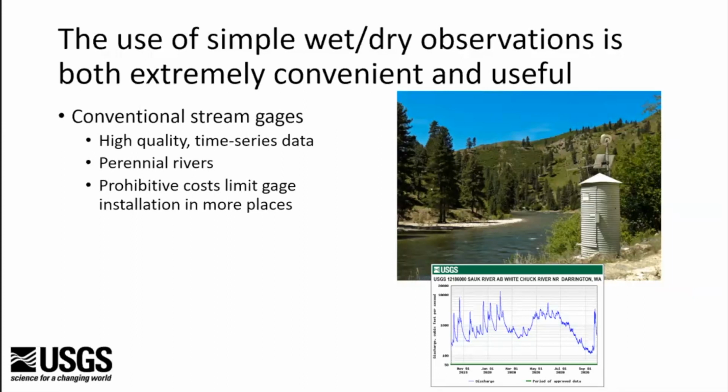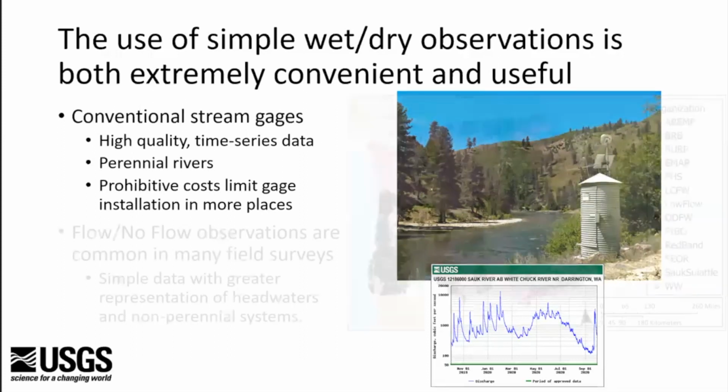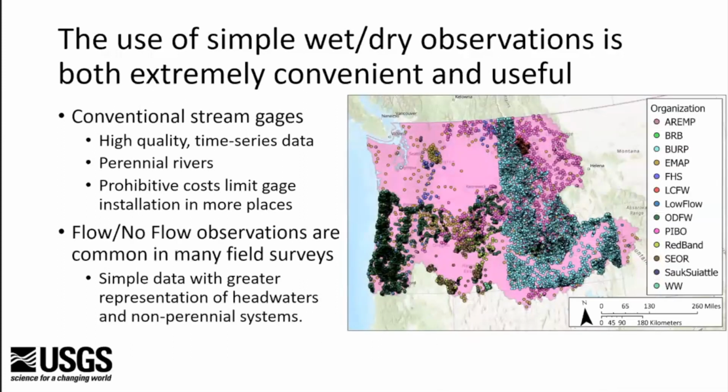So this data is beautiful, but it's limited in its location. And then here you have these flow, no flow observations, which is kind of a buckshot geographic approach, where you have very simple data with greater representation of these headwaters and non-perennial systems. So this is not exactly a silver bullet, but I continue to be surprised at how useful these data can be once you've processed them, cleaned them up, and worked with them for a bit.